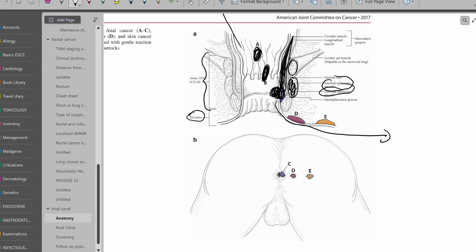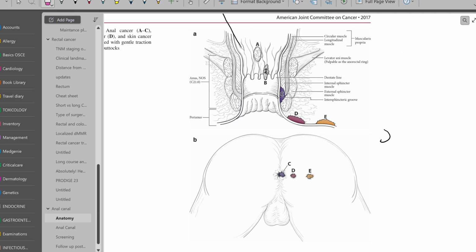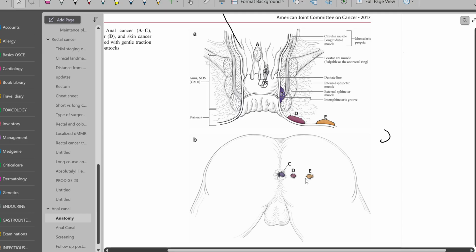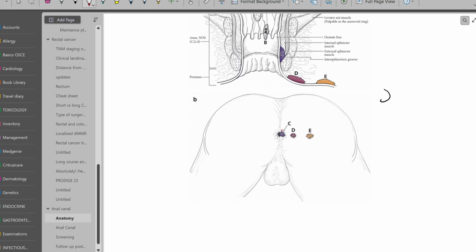These are the muscles which form the sphincter for the anal canal. So, with that clear, you need to understand that anal canal cancer will never be operated on, because surgery leads to incontinence, and APR, abdominoperineal resection, used to be done. Now it's not done anymore.